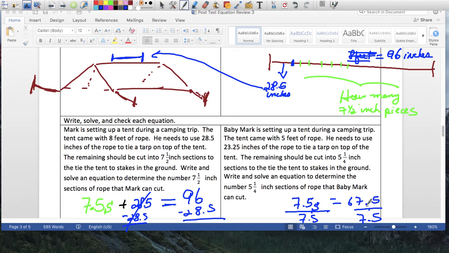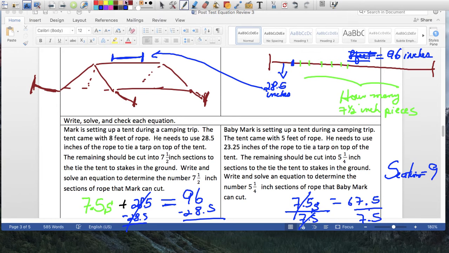Alexa, what's 67.5? And Alexa's not listening to me. Okay, so let's use our iPhone. We have 67.5 inches divided by 7.5. So the number of 7.5 inch sections that he can have is 9.